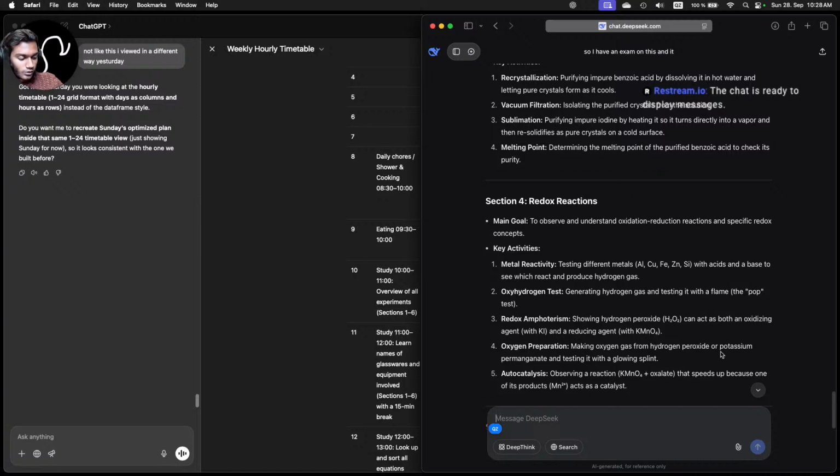I'll do the order that DeepSeek gave me: aluminium, copper, iron, silicon, zinc.